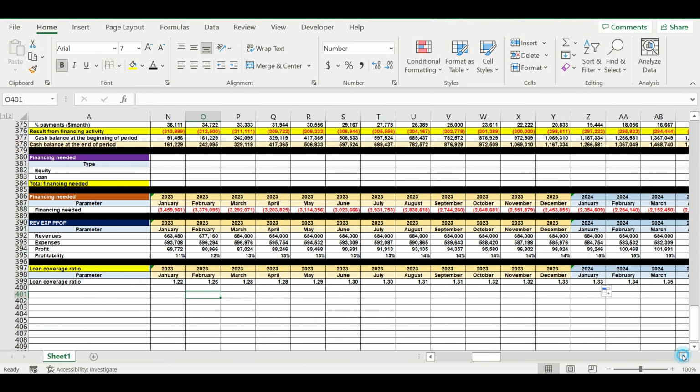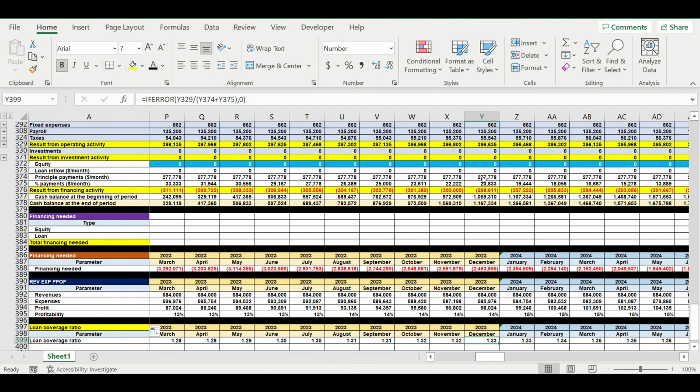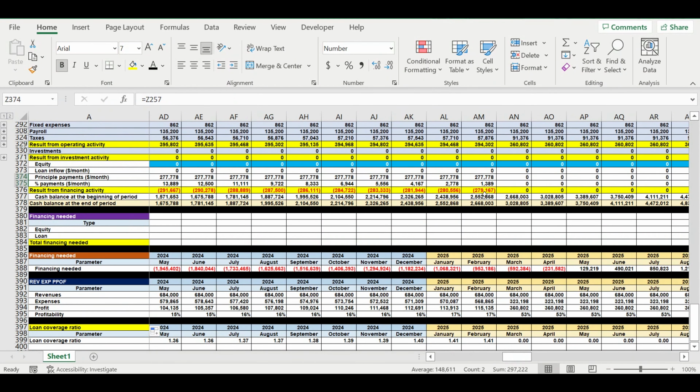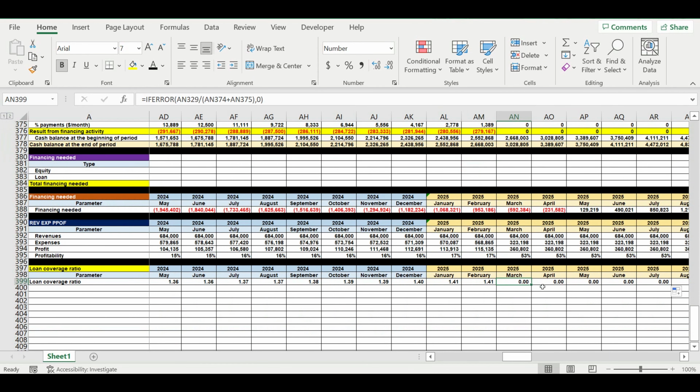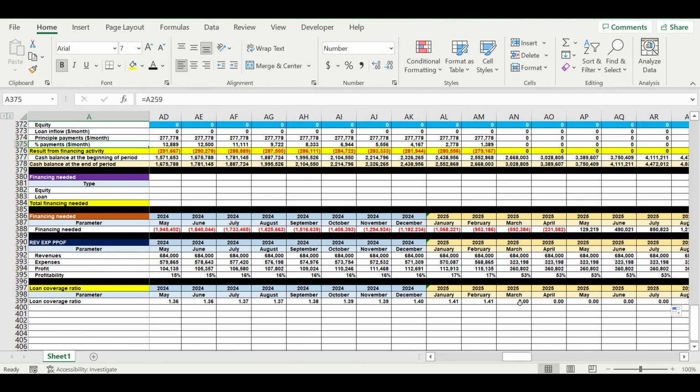If we go further, the bigger the loan coverage ratio, the more stable your business idea is. The loan coverage ratio must be, A, positive, and B, more than 1 at the moment when you have a loan. If the loan is over, like here, the ratio will equal 0, because we don't have interest and principal payments, so the ratio returns to 0.